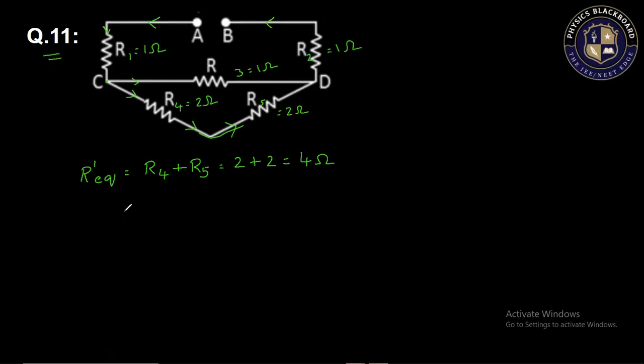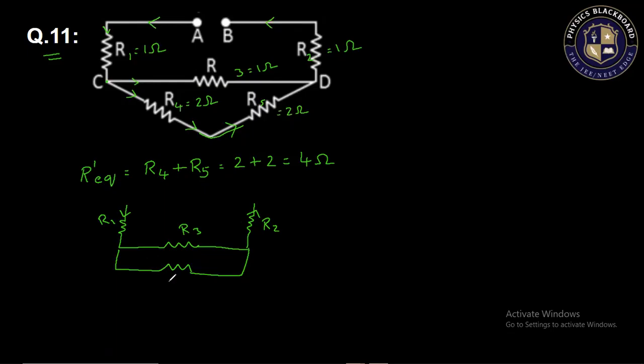Now, if you redraw this, here you see that this is R2, this is R3, this is R1. Now the current is moving from here and leaving here. Now this R4 and R5 together, I'm just drawing as one resistor.